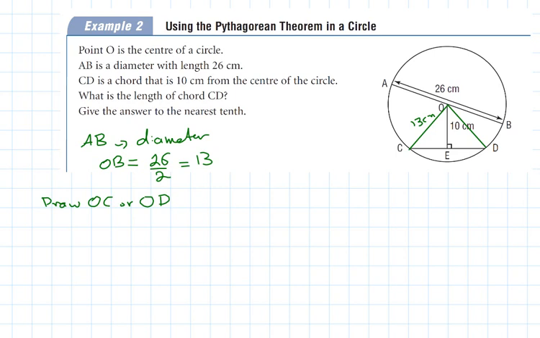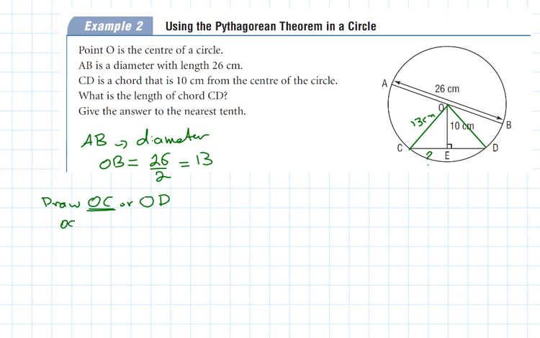So 13 centimeters. Now we can use the Pythagorean theorem. So the hypotenuse is 13. We have one of the legs is 10, so we can find the other leg, CE, is the unknown number 1. So I'm going to be using OC.